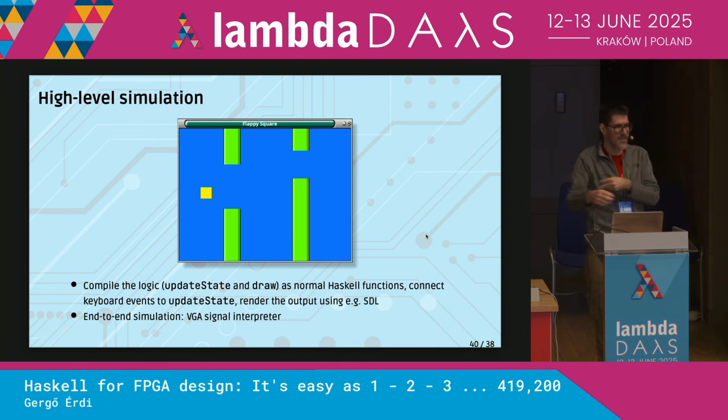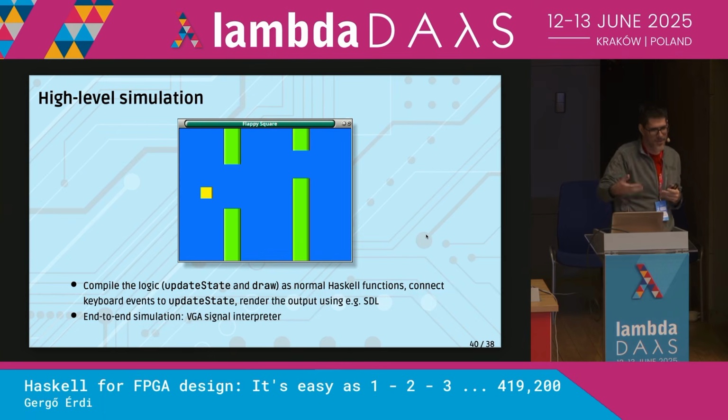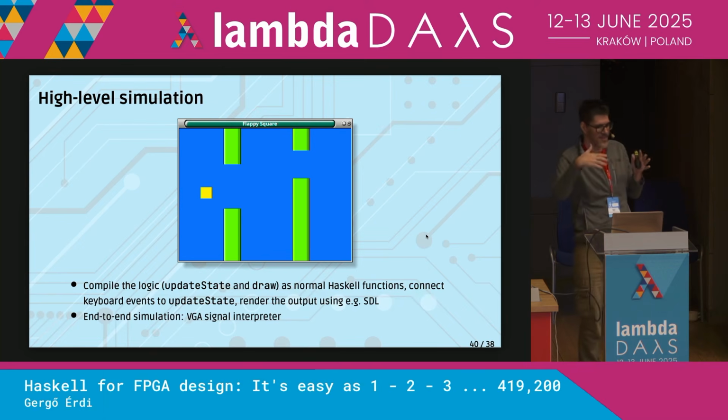But if you want to test, for example, the VGA signal generator, Clash comes with a simulator, so it's very easy to take your Clash code and interact with it from software Haskell. So I also have a VGA signal interpreter, which also draws into SDL, but it draws whatever comes out of the VGA connector. So if you use that, you get end-to-end testing.